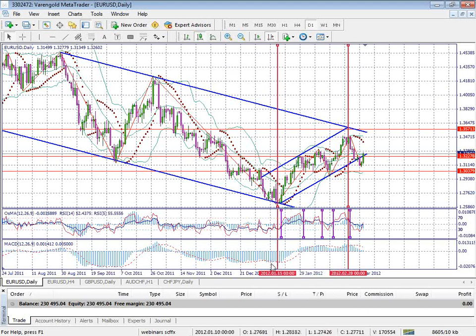In that period, there was the signal from RSI, the signal from MACD, and also for smaller time frames I had the signal. So I went into a trade.